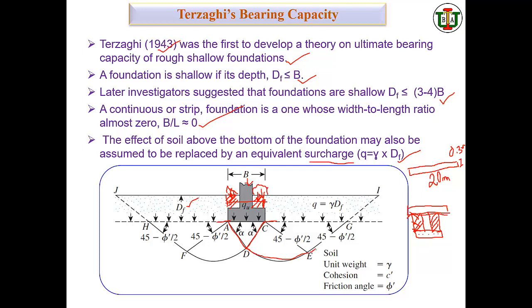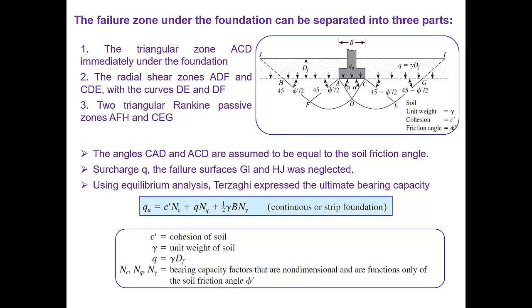Another line is here, it continues up to here, and even continues like this. This is the ground surface, the top layer of soil, and this is the bottom line of the foundation. That's why the failure zone under the foundations can be divided into three parts.